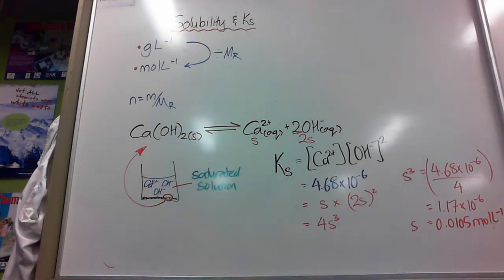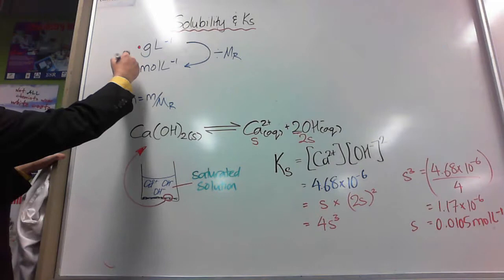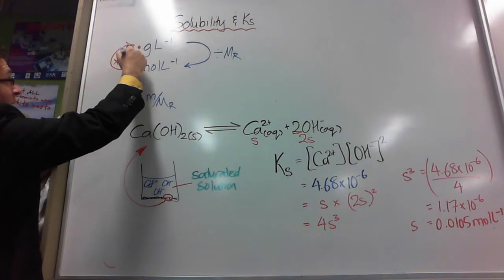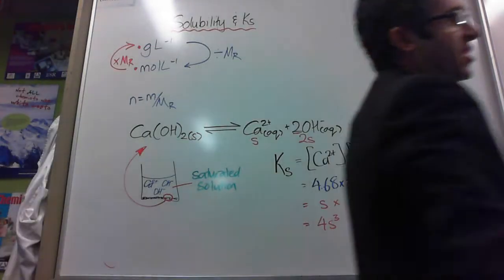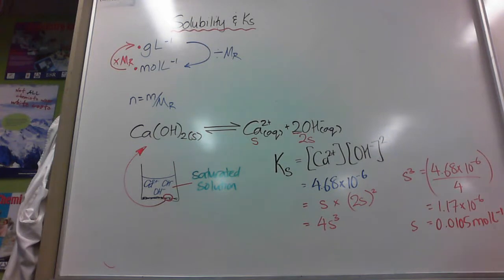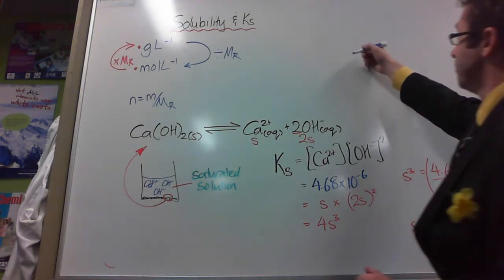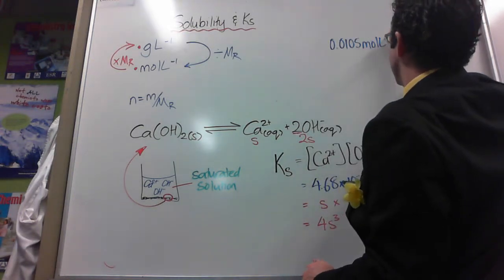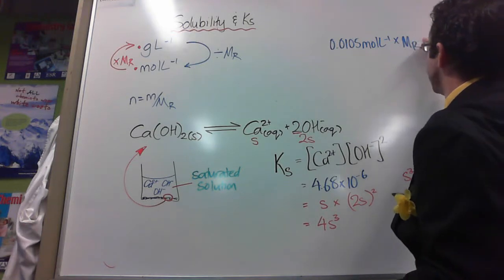Now it's not very meaningful to me, so I need to get it into grams per litre to be a meaningful value as well. So here I've got moles per litre, and I want to go back to grams per litre. Using this relationship here, I'm multiplying by its molar mass, assuming that it's not got any water of crystallization in the original salt that I'm going to make it from. Then I can do that quite easily. We're going to take that value, 0.0105 moles per litre, and multiply it by its molar mass.